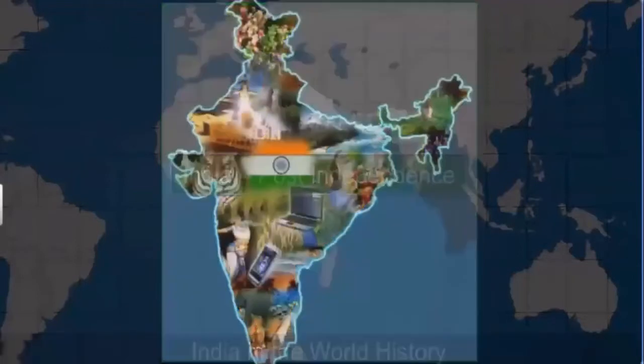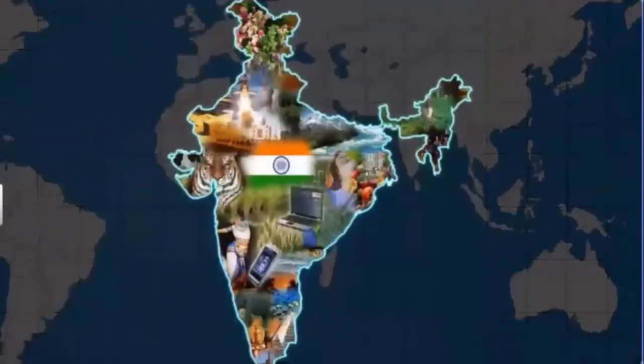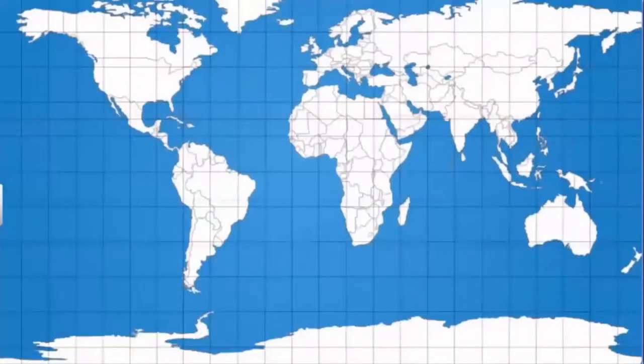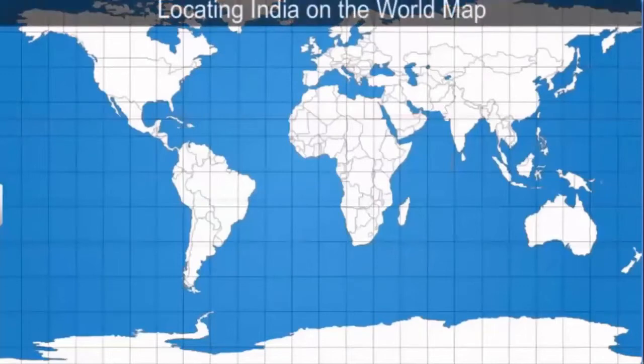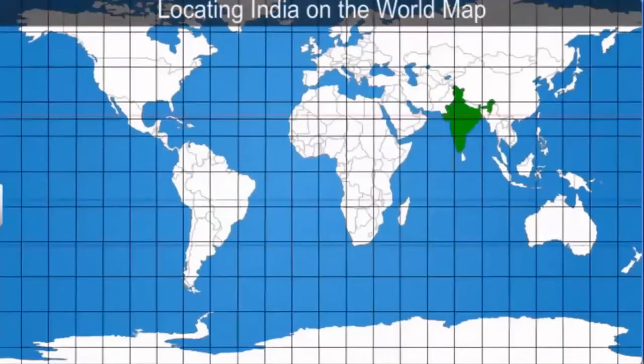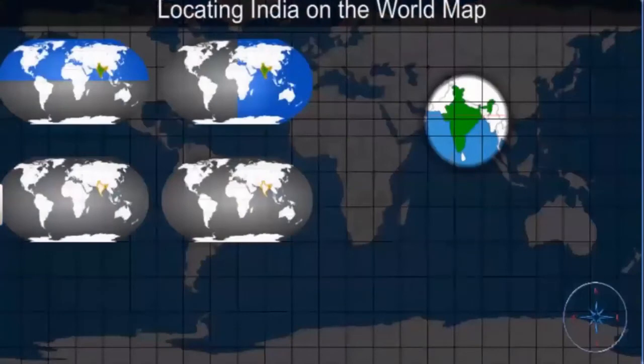Let's learn a little more about this country that is emerging as a fascinating blend of culture and technology. We'll start by locating India on the world map. As you can see, India spreads across both the eastern and the northern hemispheres.